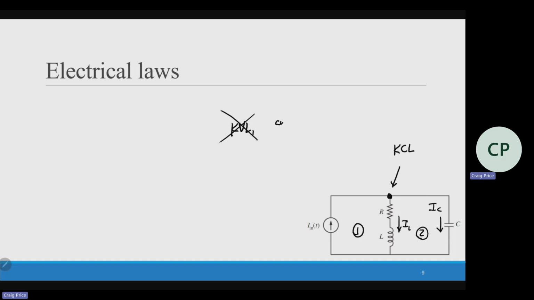Why not? Because I have a current source. I don't actually know what the input is, but I could do a KVL2, which will tell me that, because current splits to give you equal voltages, the capacitor voltage is equal to the sum of the R and L voltages.